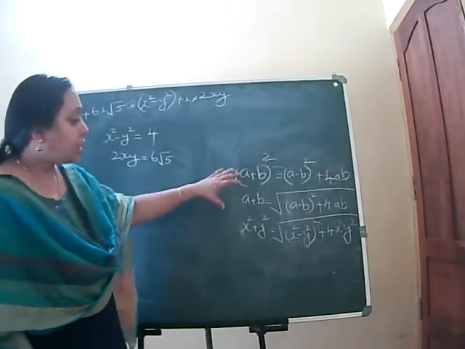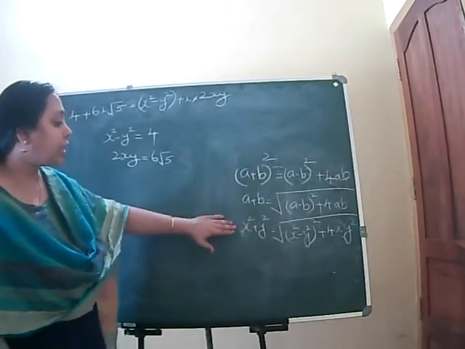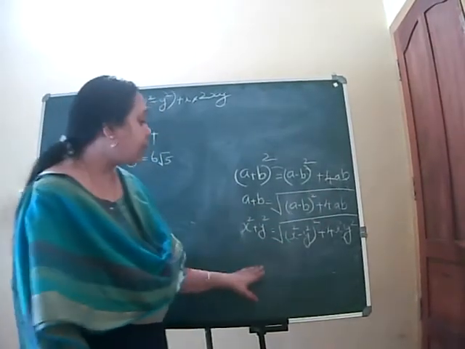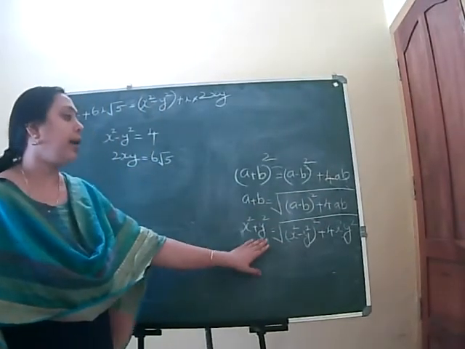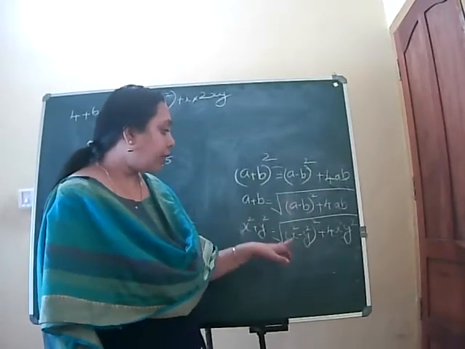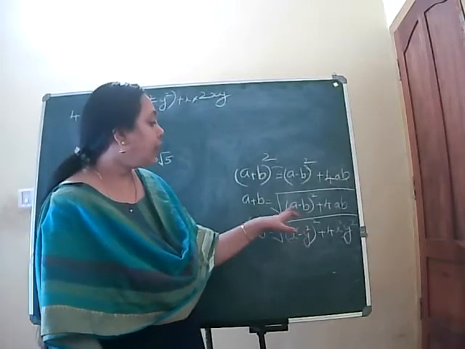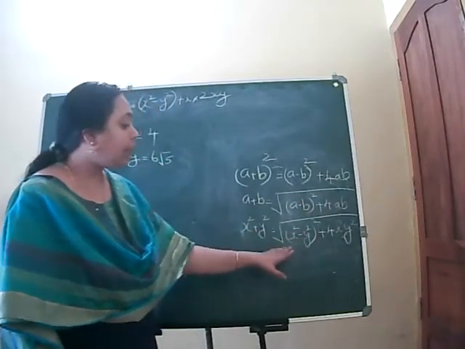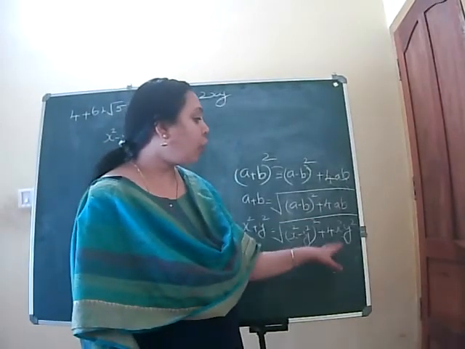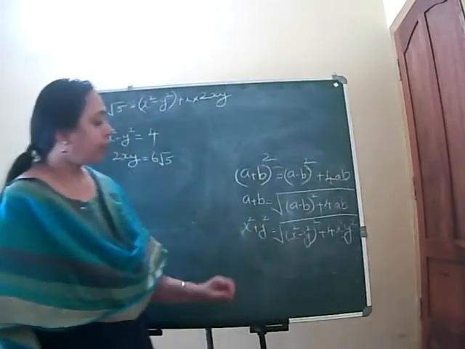Now, substituting a for x square and b for y square, this relation becomes x square plus y square is equal to square root of x square minus y square the whole square plus 4x square y square.